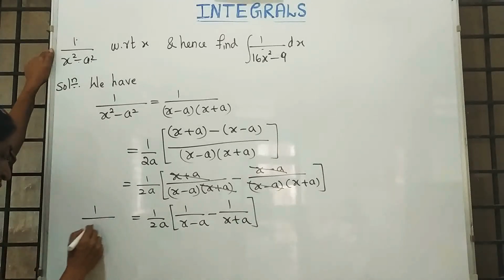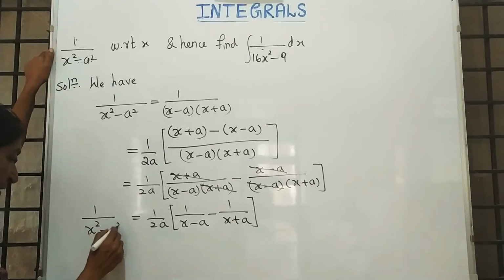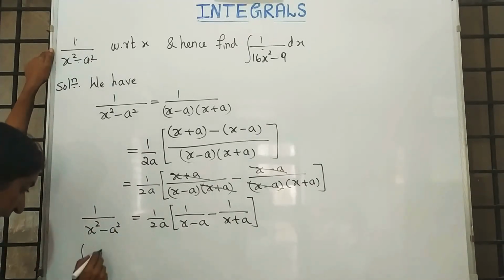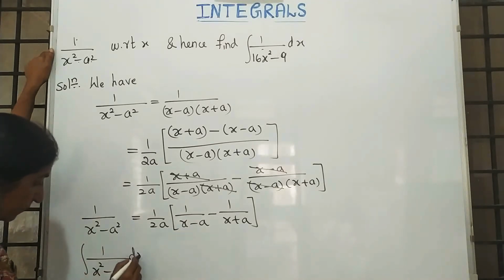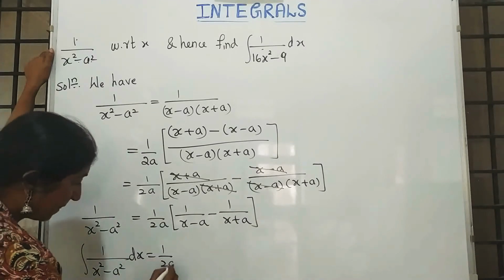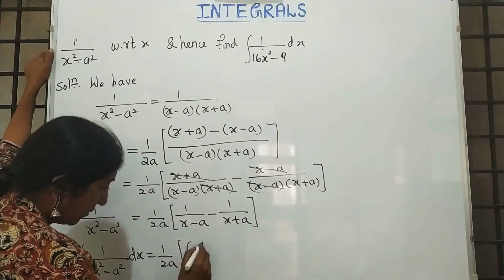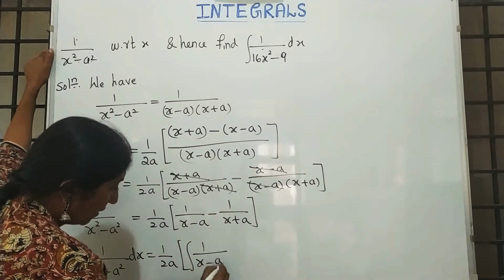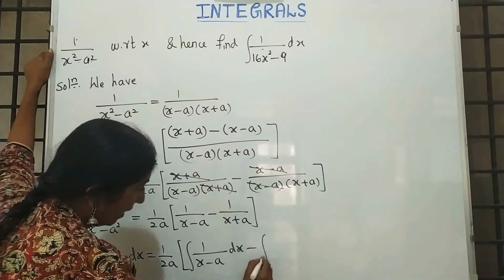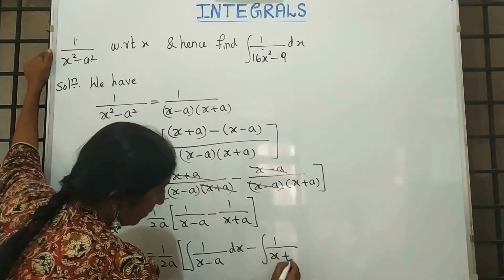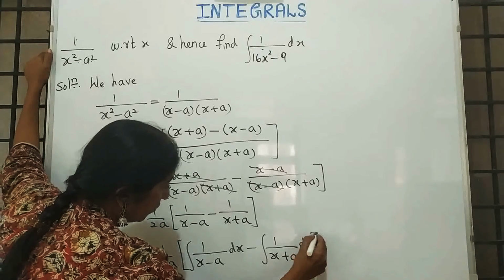And here it is 1 upon x square minus a square. After that, integrate both the sides with respect to x. In the bracket 1 upon x minus a into dx minus 1 upon x plus a into dx.